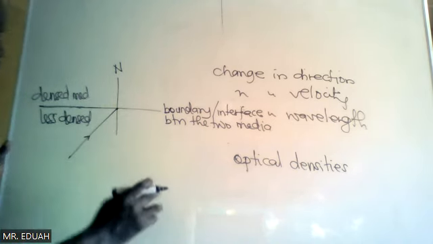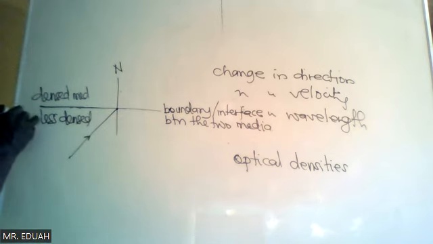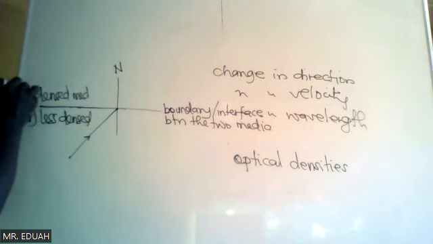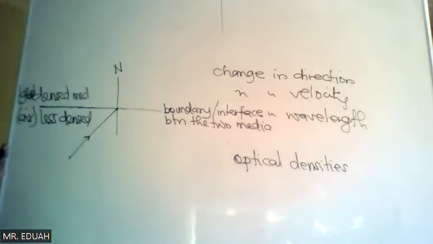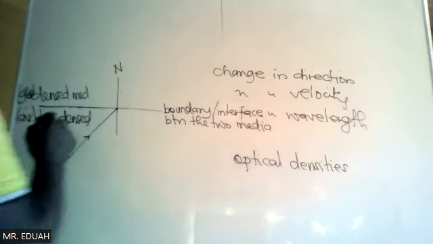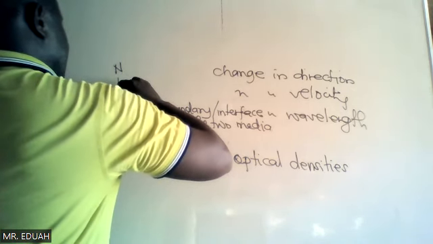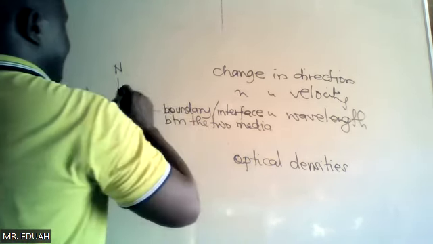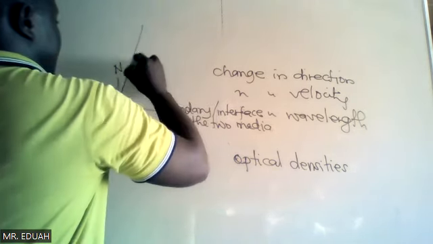So the light is moving from, for example, a less dense medium, let's take something like air, and then a dense medium, glass. The change in direction or speed is such that the refracted ray is bent towards the normal.